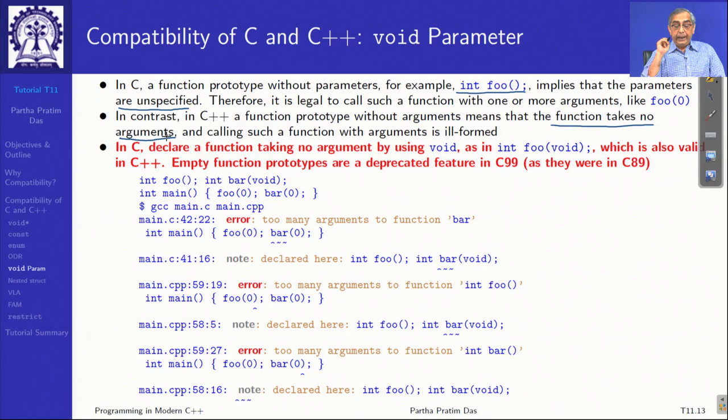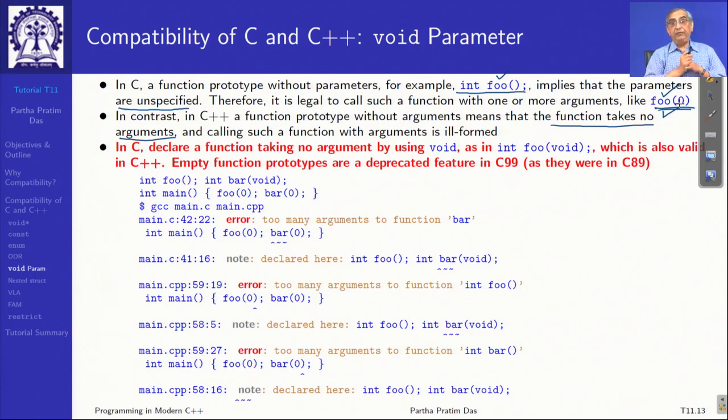So, in C if you have declared int foo without parameter, you can call it as foo(0), because you said it is unspecified, so you can call it with any number of parameters. In C++, what you meant is that it takes no parameters, so calling it as foo(0) is a violation of the signature. That is a subtle difference.